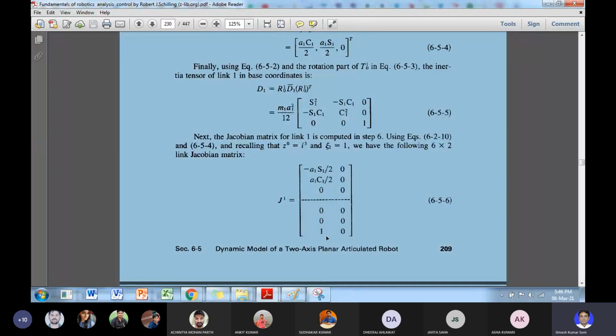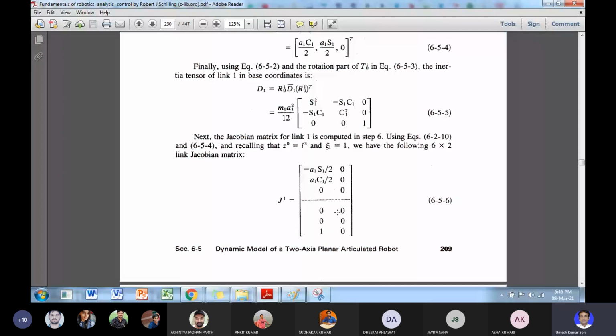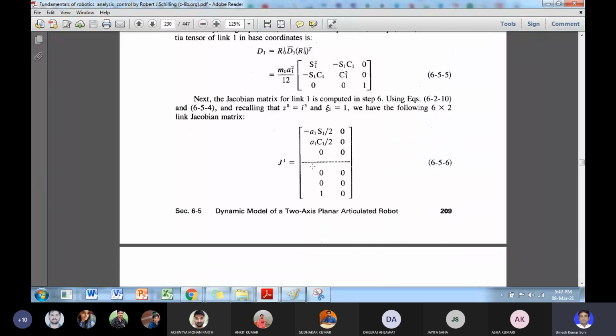This is xi1 z0 and this is xi2 z1, where z1 is defined as r1 i3, and z0 is defined as r0 i3. So this term you will get from here. Okay, how you determine the J1.